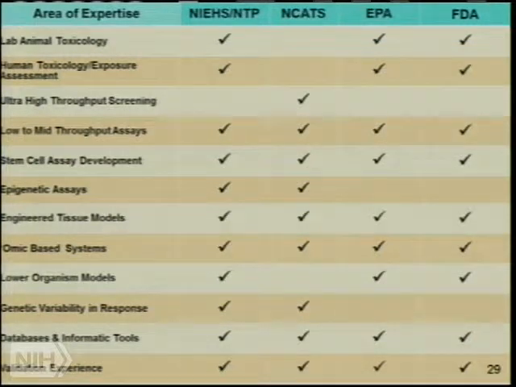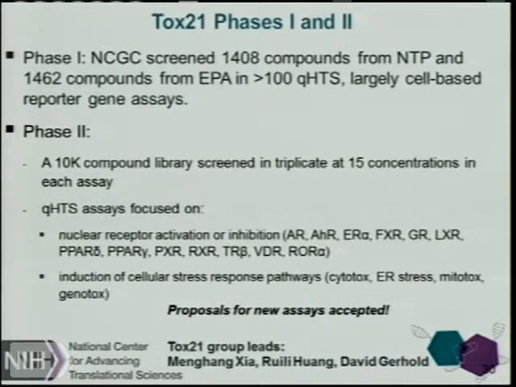On the EPA side, especially, there are large computational toxicology teams that look at the results generated by our robotic screening to begin to build these predictive models.